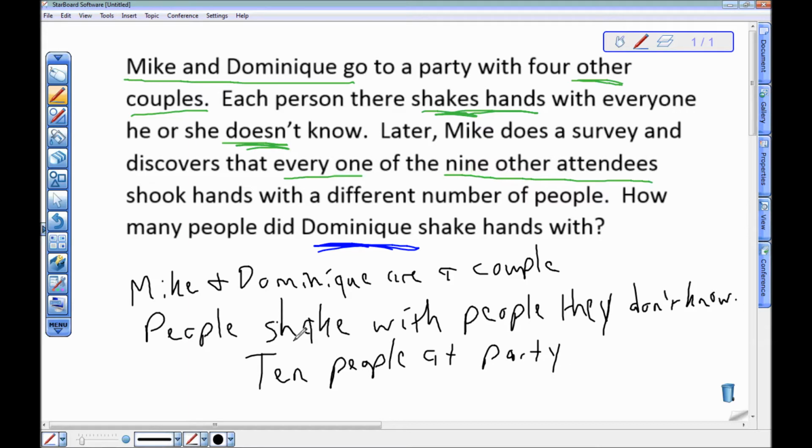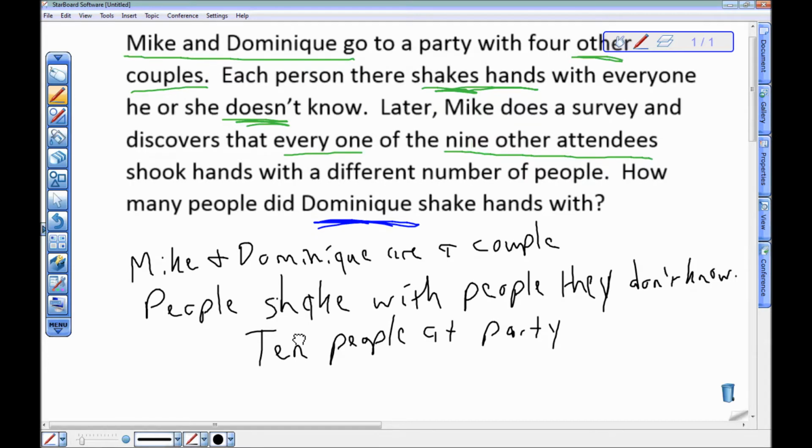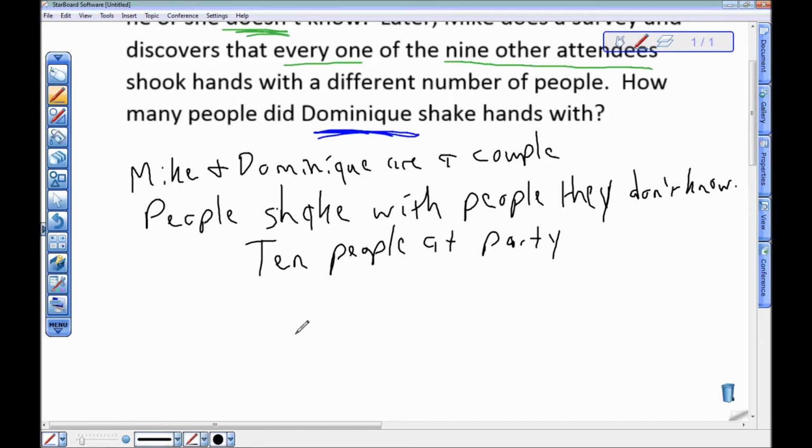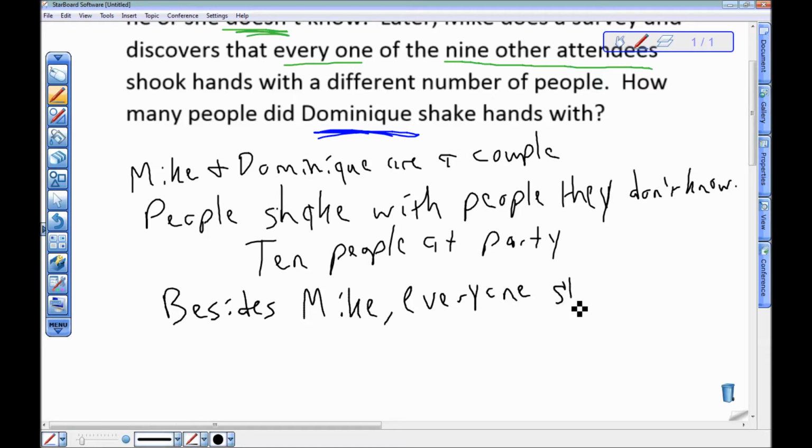Okay, let's go back to that sentence. Later, Mike does a survey and discovers that every one of the 9 other attendees shook hands with a different number of people. So besides Mike, everyone shook hands with a different number of people.